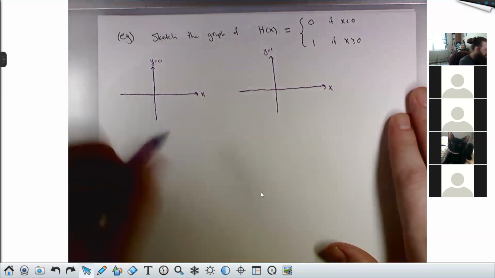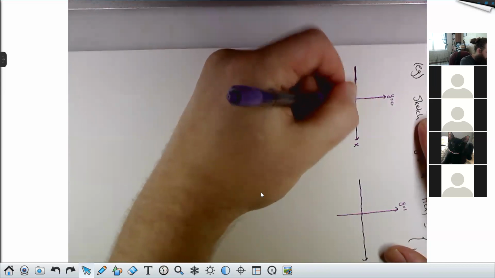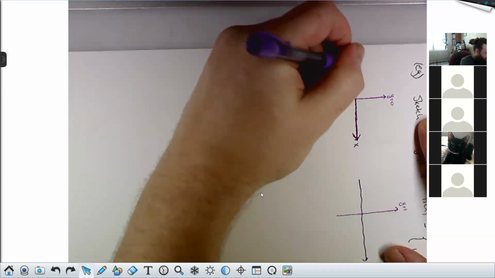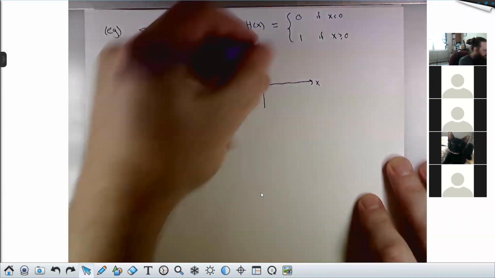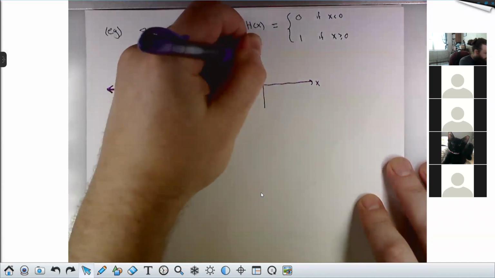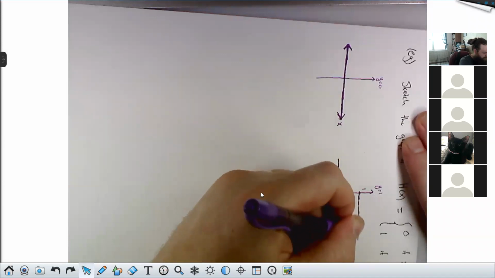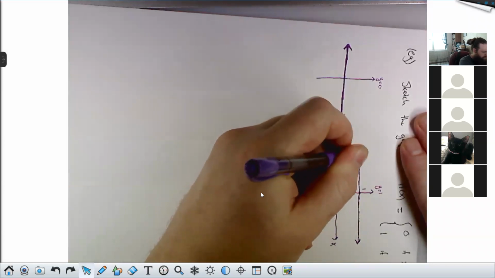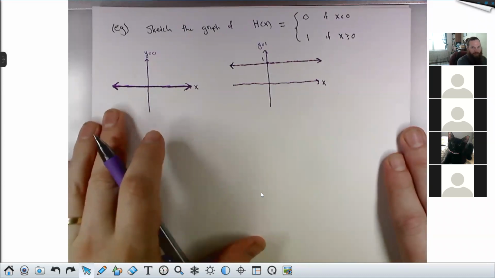Every x gets sent to 0. So this one is a little hard to see. I guess I'll just embolden this. That's y equals 0, just a horizontal line going through the origin. The graph y equals 1 is also a horizontal line, but this one doesn't go through the origin. This one is up here. Every x just gets sent to 1. All right, so there are my pieces.